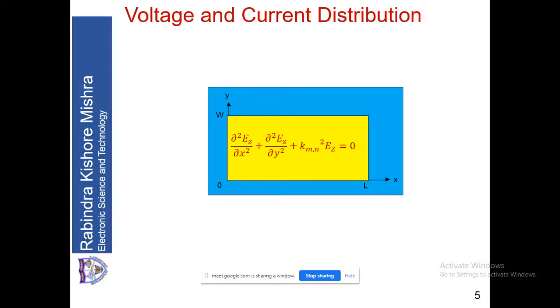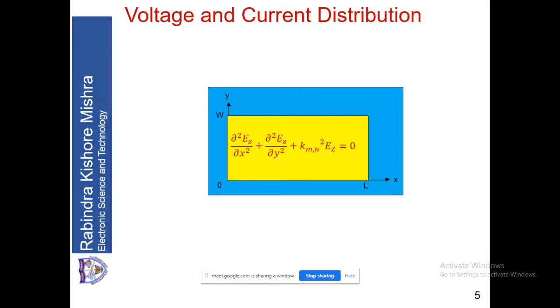Within the domain of the top conducting patch, it will satisfy Maxwell's equations, from which we get the wave equation: ∂²Ez/∂x² + ∂²Ez/∂y² + k²mn Ez = 0.